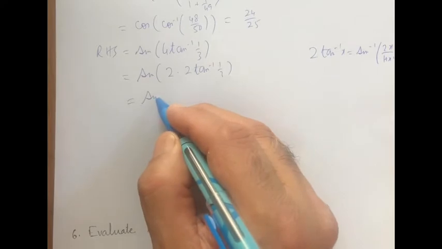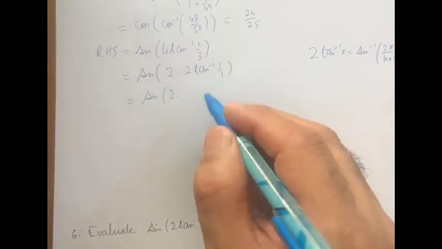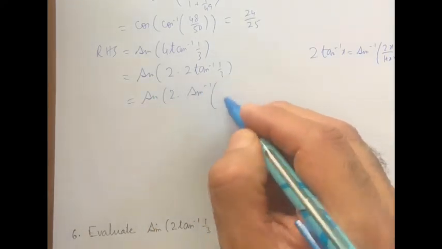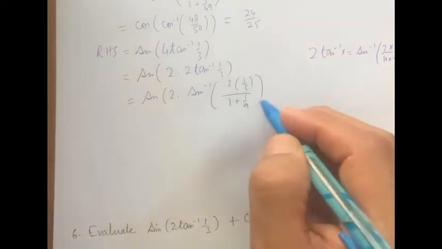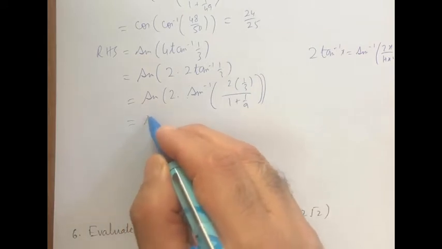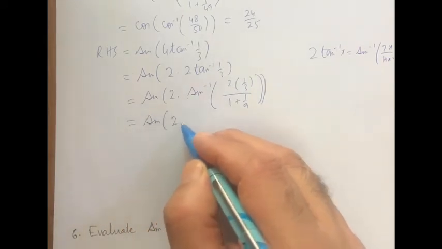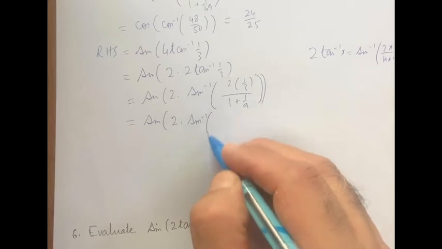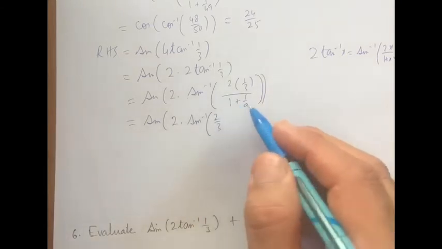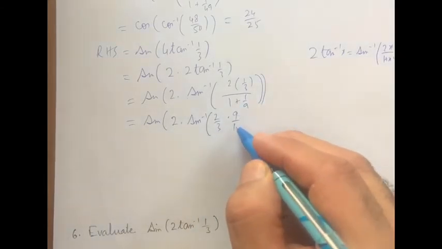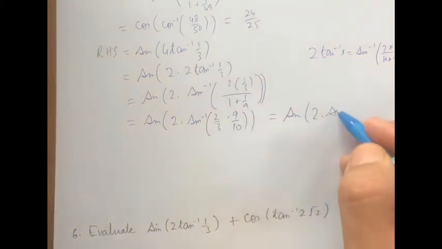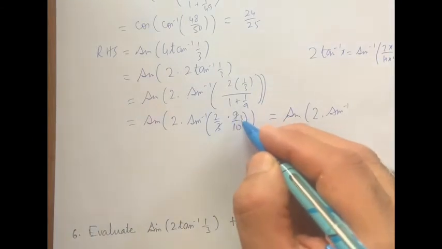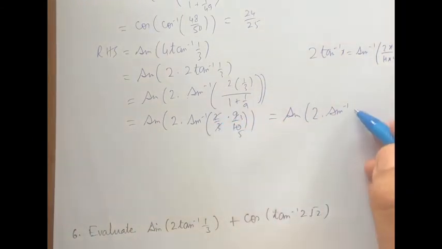This is sin of 2 into sin inverse of 2 into 1 by 3 upon 1 plus 1 by 9, this is 2 by 3 upon 10 by 9, this is sin of 2 into sin inverse of 3 by 5.